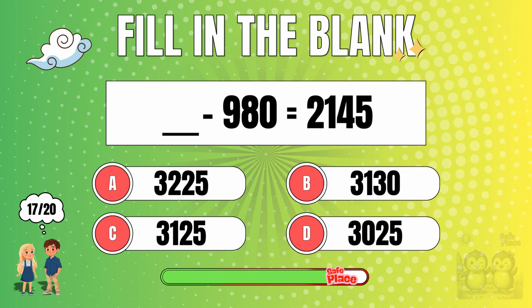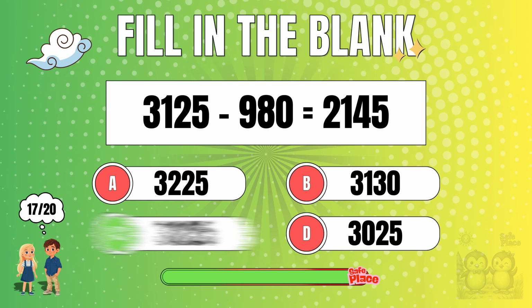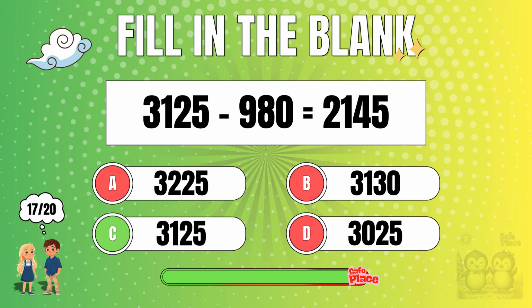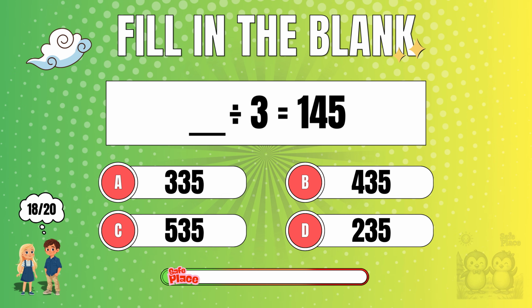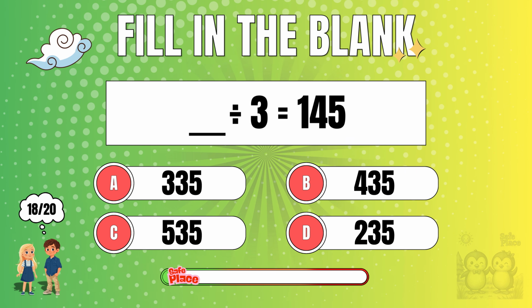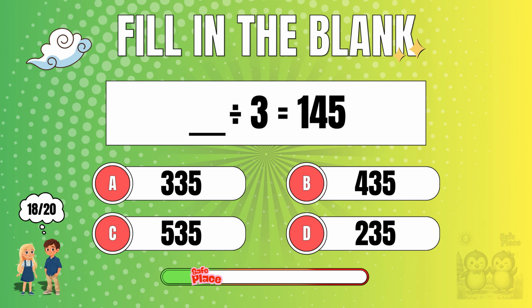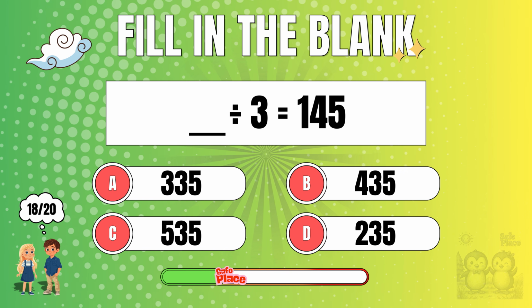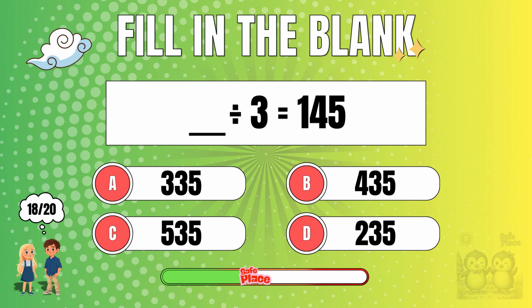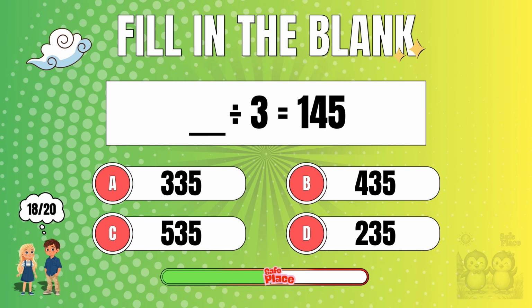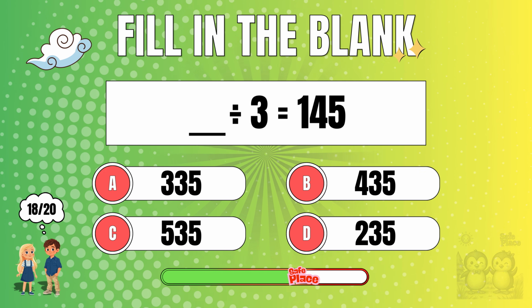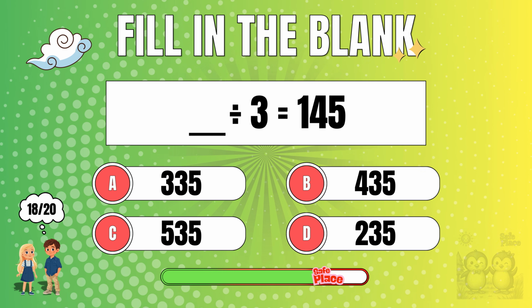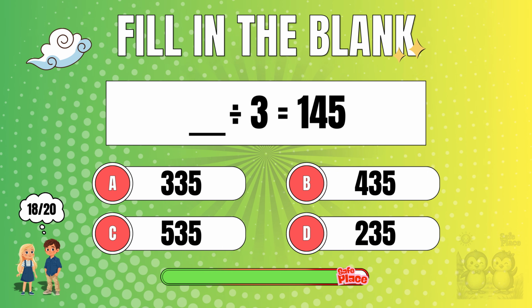3, 2, 1. The answer is 3,125. Blank divided by 3 equals 145. 3, 2, 1.